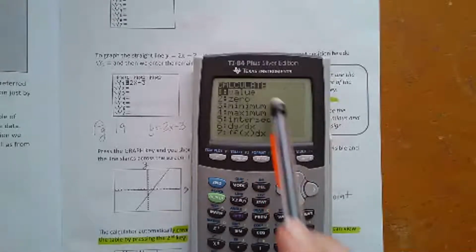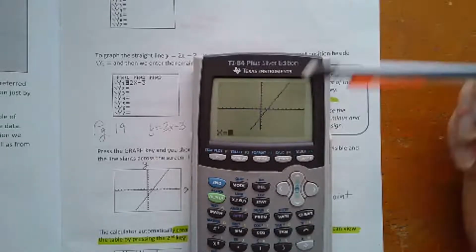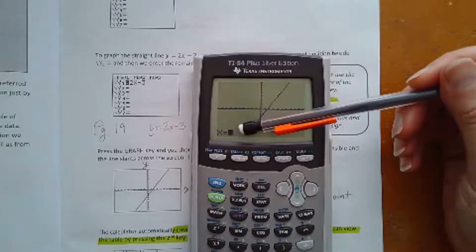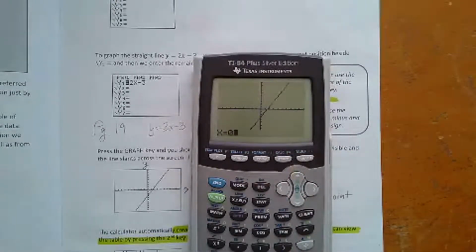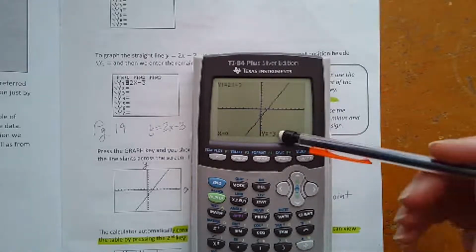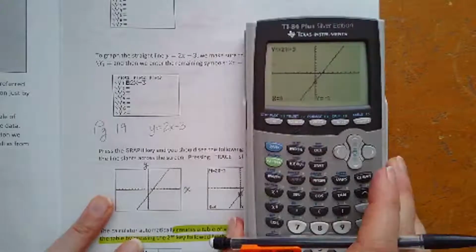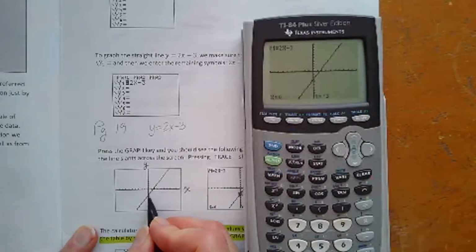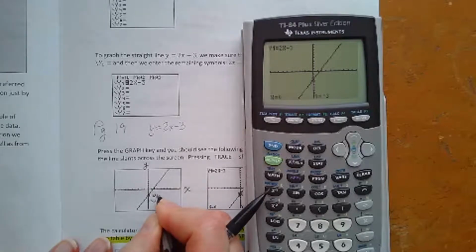And remember what happened when we pressed value? We got to put whatever we want in for x. So I know that to find a y-intercept, I'm going to put 0 in for x, press enter, and I get y equals -3. So the reason I went back to page 19 is this is my y-intercept, and the calculator has easily shown that to me.